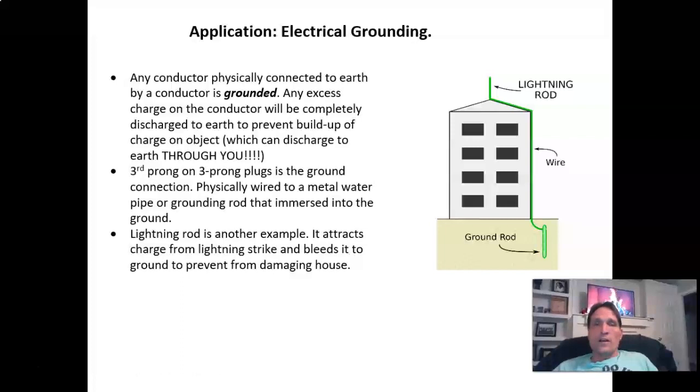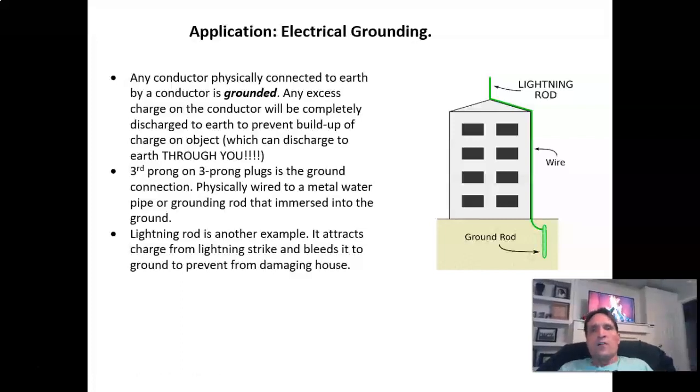Okay, so here's a question. You might have heard that it's better to stay in your car when there's a storm out and there's lightning outside. Why is that? Okay, so what happens if you were to get out of your car and touch the metal chassis of your car? Okay, what would happen?